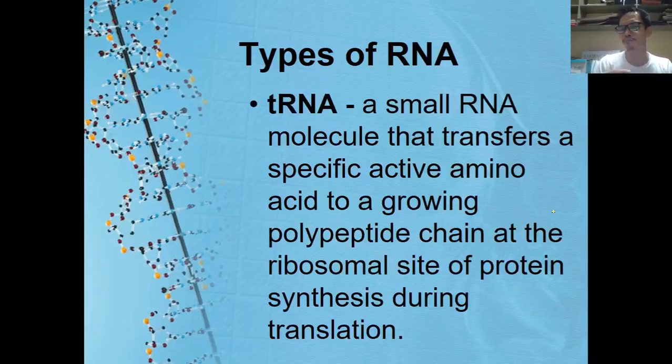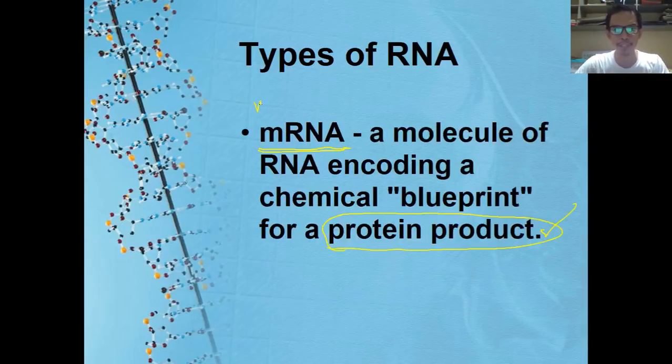Another type of RNA is called the tRNA. By the way, the M in mRNA stands for messenger RNA. From its function, you know already why it is called messenger RNA.